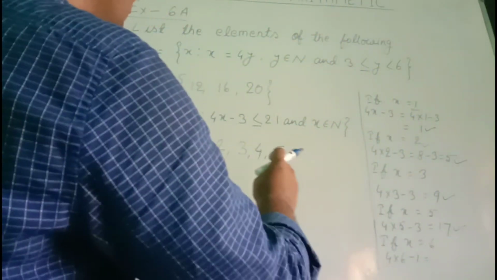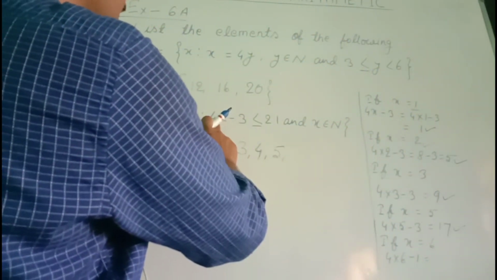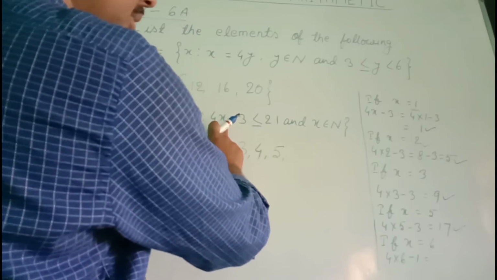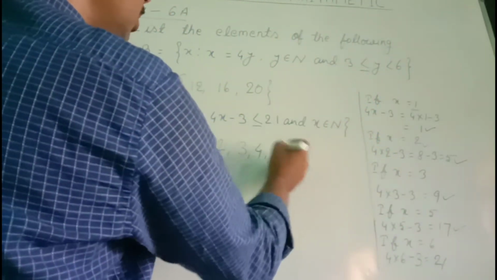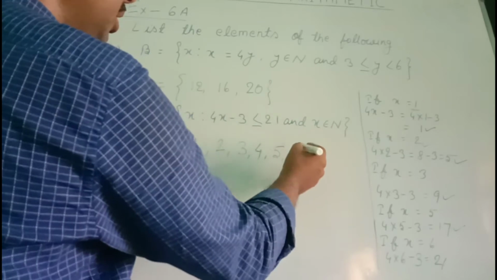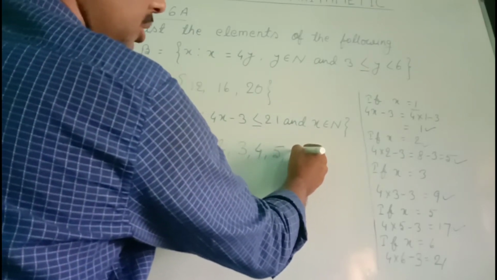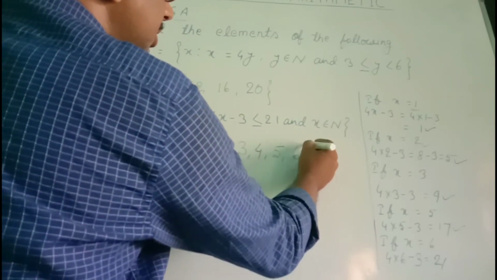After that we take x equal to 6. 4 sixes are 24, 24 minus 3 equals 21, that is also equal to 21. The symbol is there, so we can take up to 21. So we will also write 6 as an element.